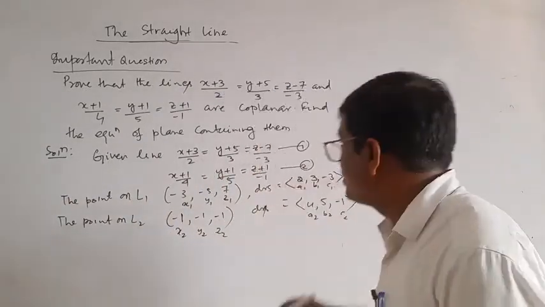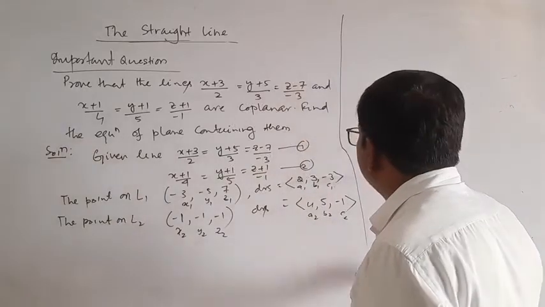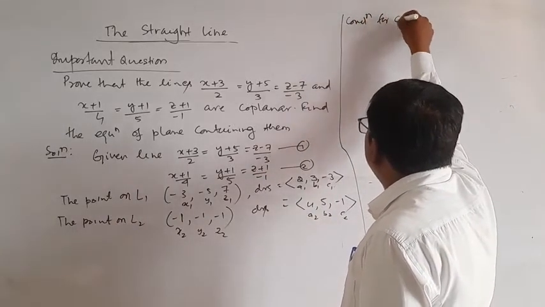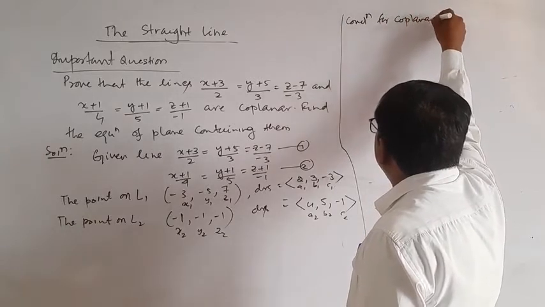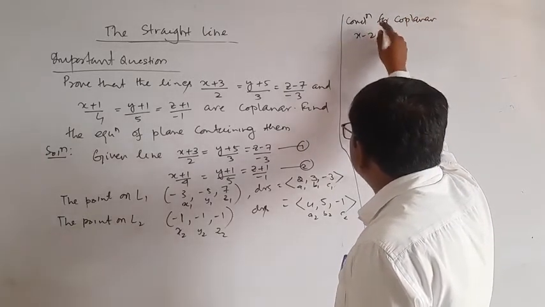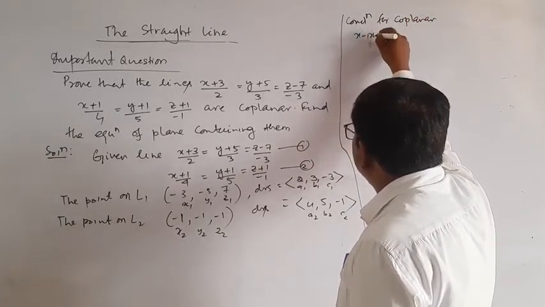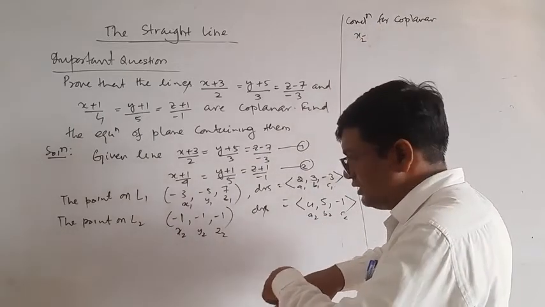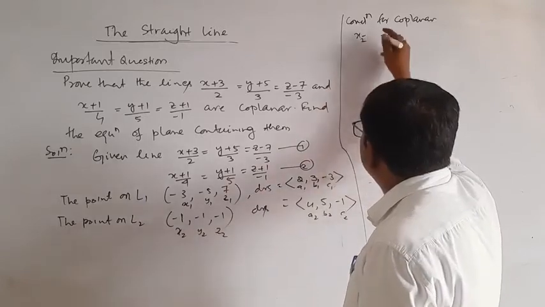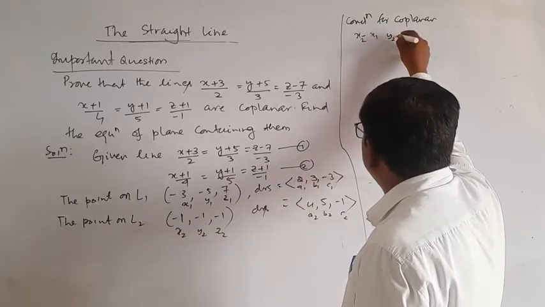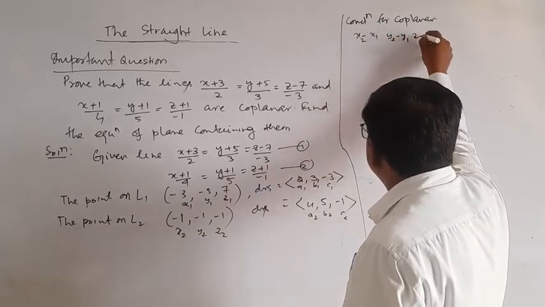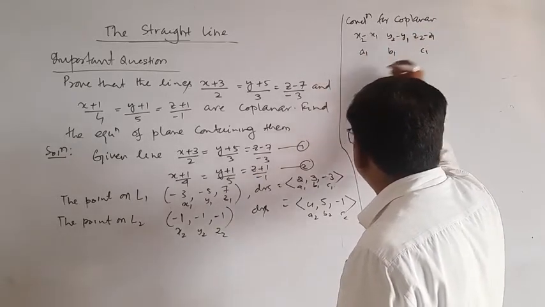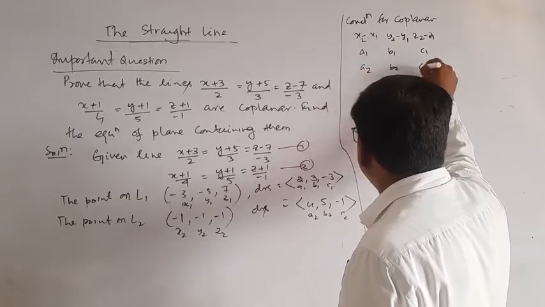Now apply the condition for coplanar. The formula is the determinant with rows x2 minus x1, y2 minus y1, z2 minus z1; a1, b1, c1; a2, b2, c2.